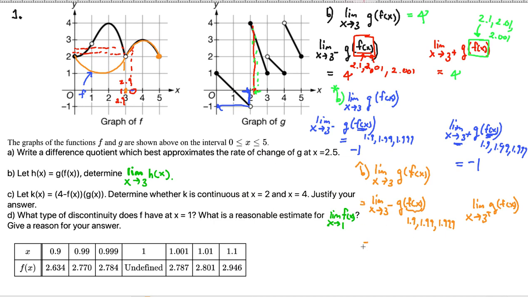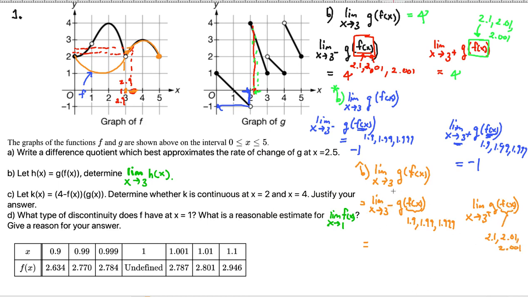But if we look over here from the right of 3, f is getting closer and closer to 2 again, but from above 2. So these values on the inside are going to be like 2.1, 2.01, and so forth, 2.001. Okay, and those are the inner values.